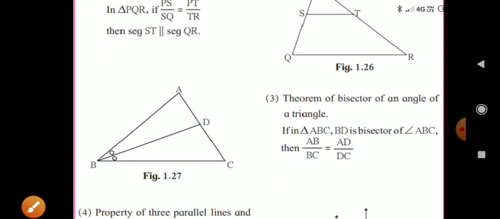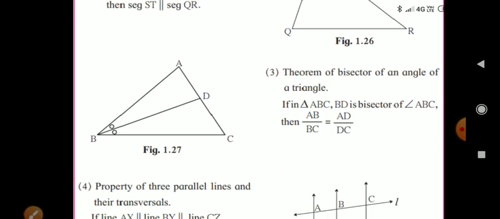Then we studied the theorem of the bisector of an angle.